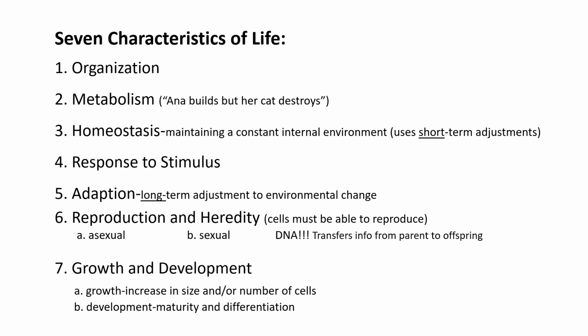So this 6th characteristic of life, which is reproduction and heredity, also includes reproduction and heredity at the cellular level. So this can happen through asexual means, where one organism produces an offspring that is genetically identical to itself, or it can happen through the combination of genetic material from the 2 biological sexes of a species.